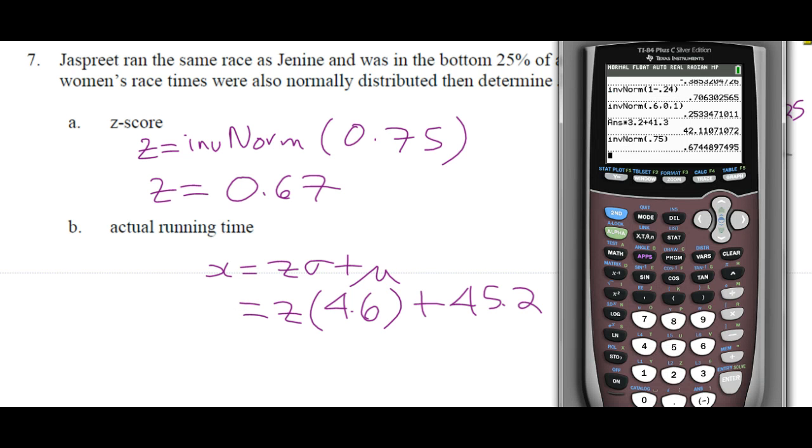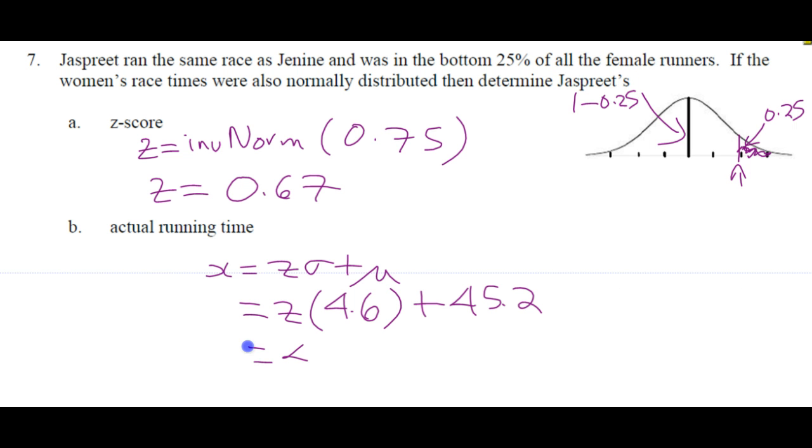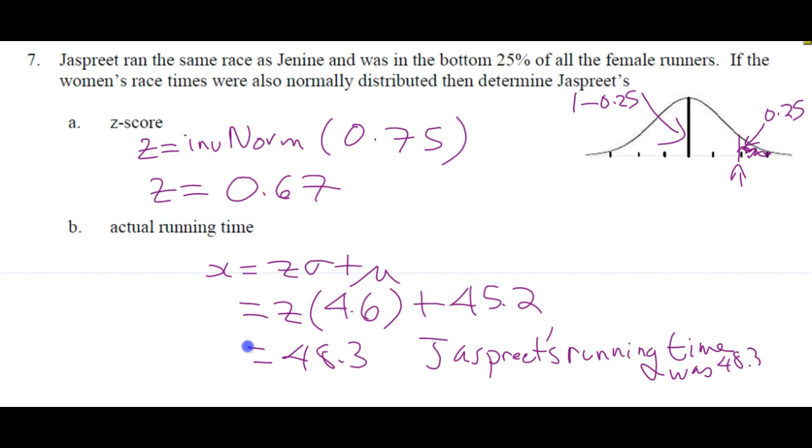Okay, so there's z, so I'm just going to go times 4.6 plus 45.2, enter, and get 48.3. So we'll just go with 48.3 and say Jaspreet's running time was 48.3 minutes.